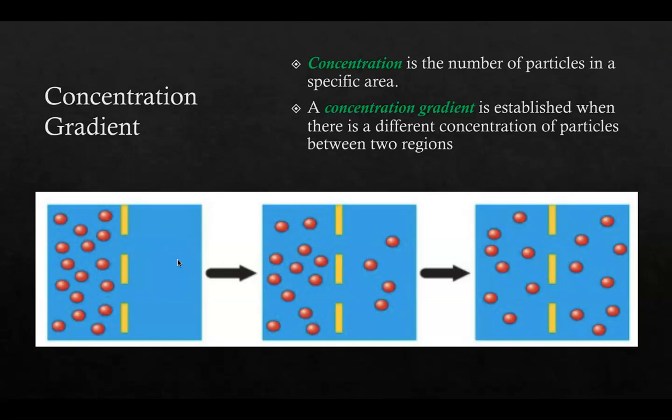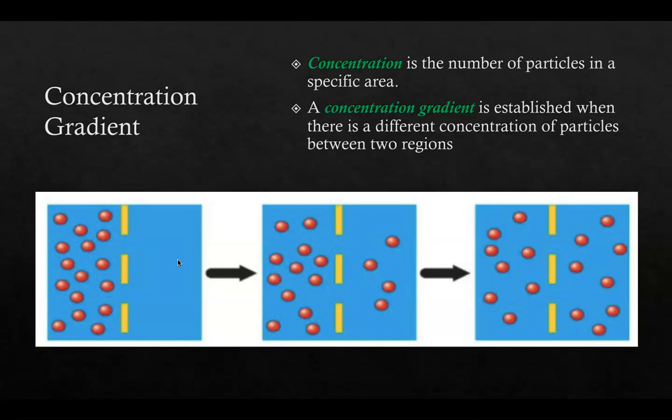There's always a concentration gradient because there will be different numbers of particles on the inside of the cell than you have on the outside of the cell, or even within the different organelles that are in the cell. Sometimes you'll have a concentration gradient across the membrane of organelles, like we see with the ER and calcium ions. So a concentration gradient is simply the difference in the number of particles across a membrane.